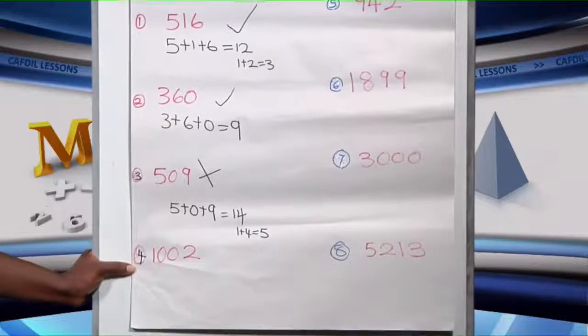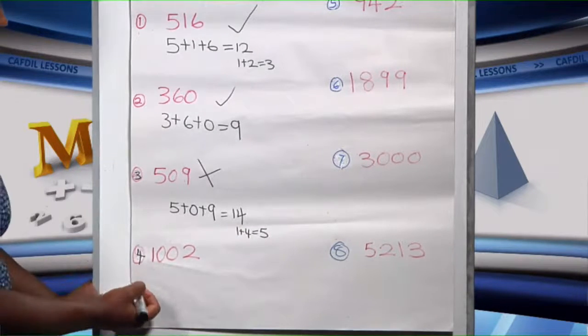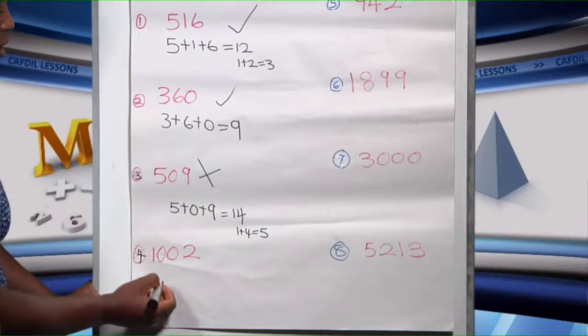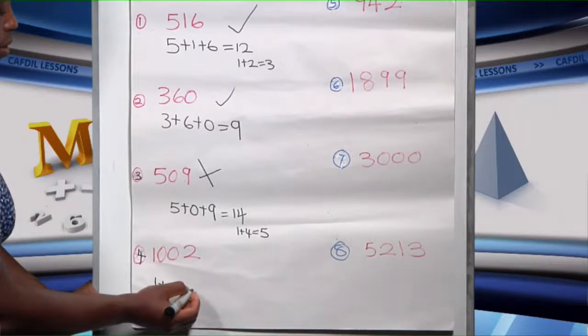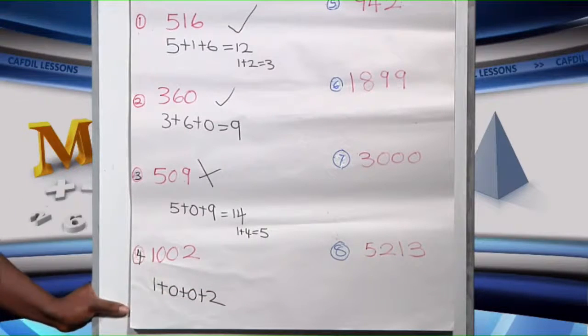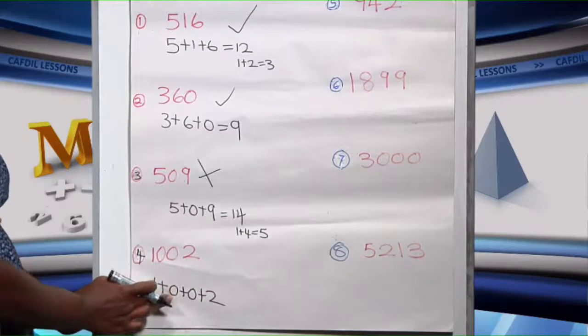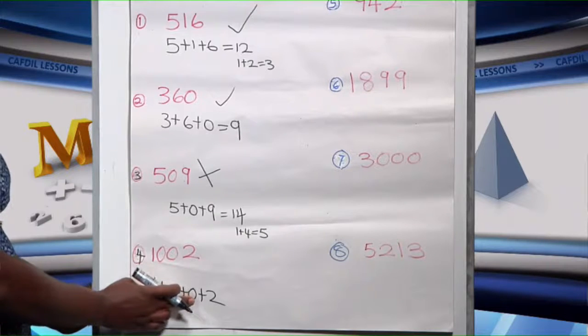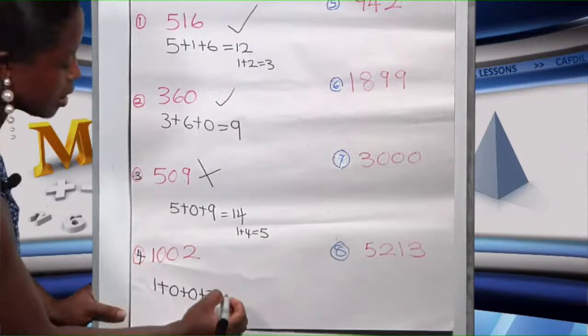1002. Let's add all the digits and see if this number is divisible by 3. So we have 1 plus 0 plus 0 plus 2. 1 plus 0 is 1, plus 0 is 1, plus 2 will give us 3.